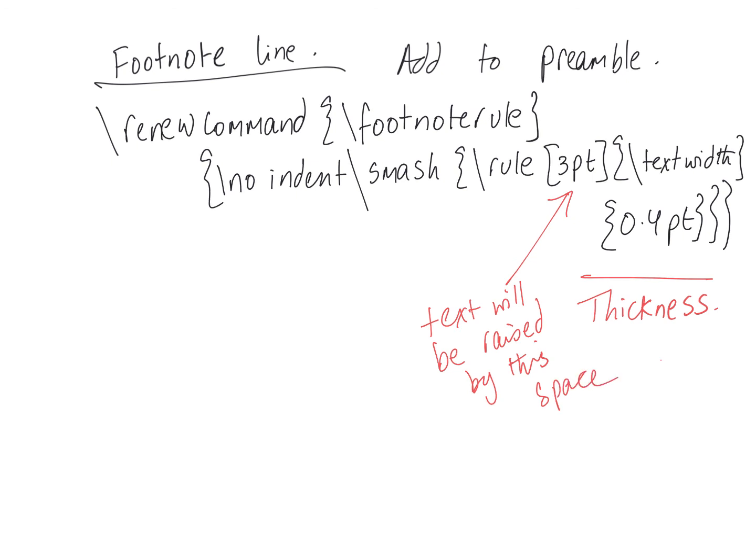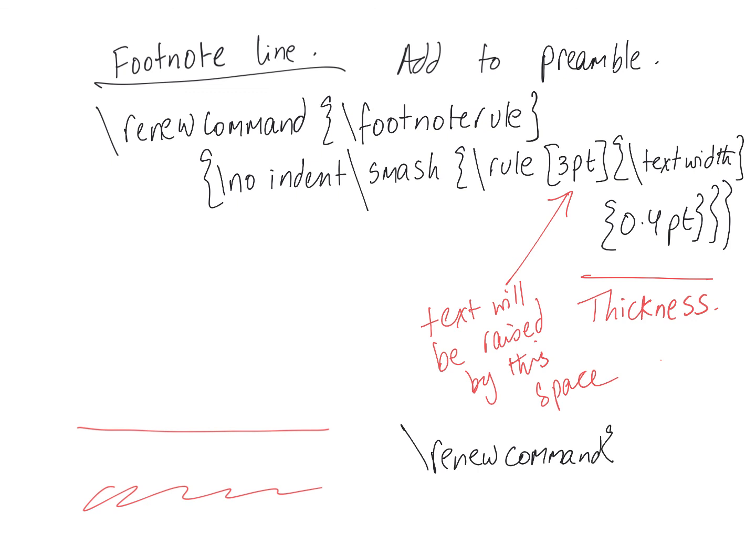So your text might go from the bottom, so there's stuff at the bottom, and it might go up here. And if you want to omit that line completely, you can just use this command, renewcommand. Remember, renewcommand is for commands that are already present. Backslash footnoterule, and you put nothing in it. Okay, so this is how it would look.